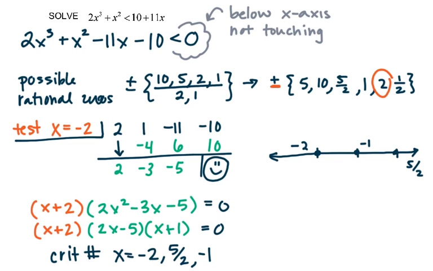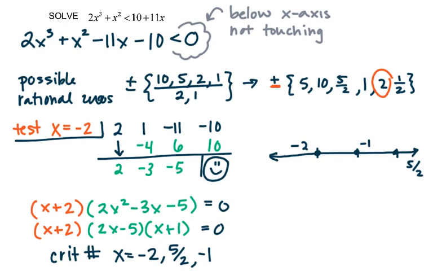So what is my graph shaped like? And if we go back and we think about our leading term test, this is an odd degreed function, which means we have opposite ends, and it's rising left to right since the leading coefficient is +2. Okay, so we know it has that end behavior shape. We're going to start low and end high.